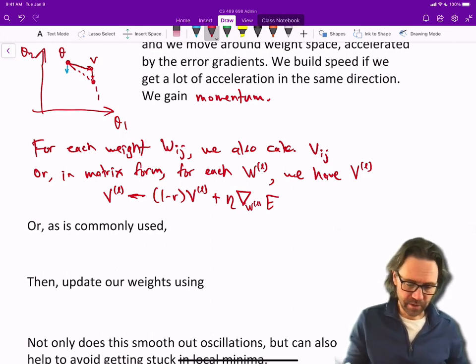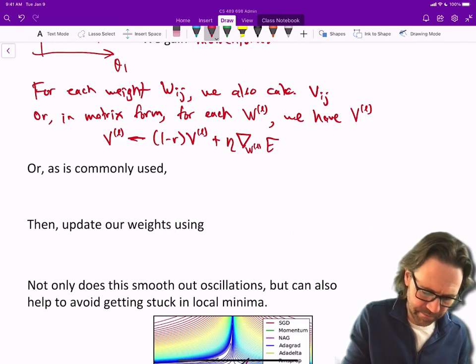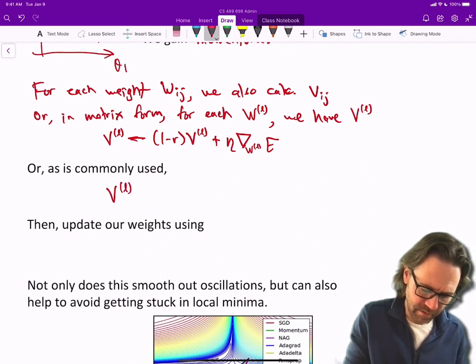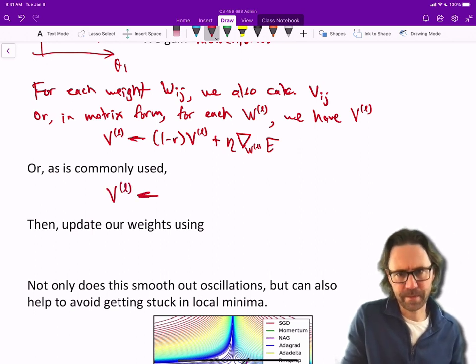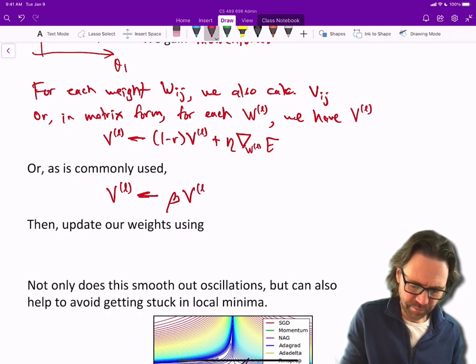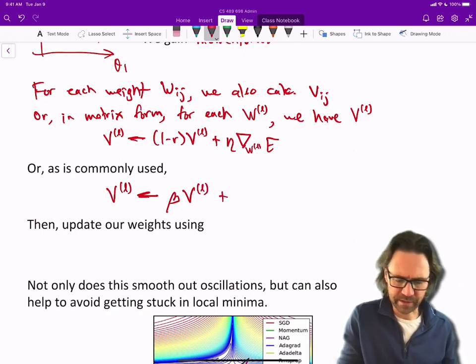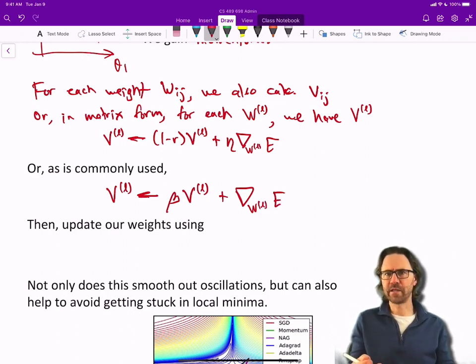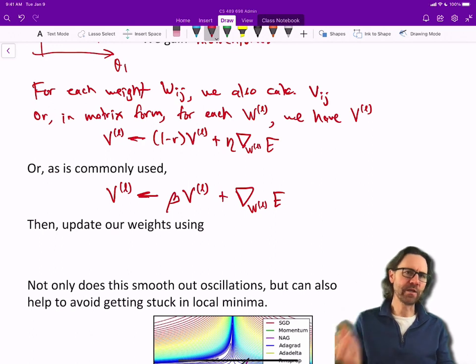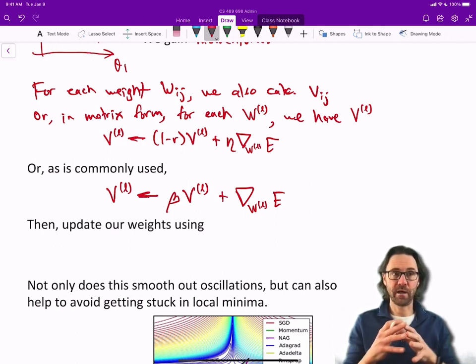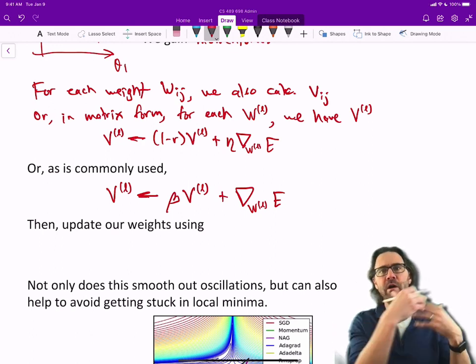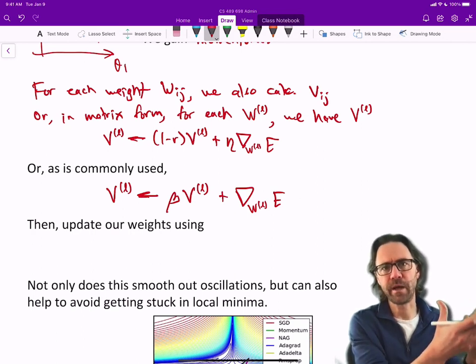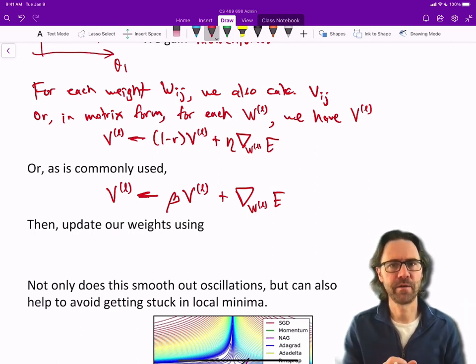Or as is commonly used, it's a slightly different parameterization. VL gets beta times the previous VL plus the gradient. So this beta is basically a momentum term in the sense that the bigger beta is, the more of the velocity from the previous step we keep in this step.